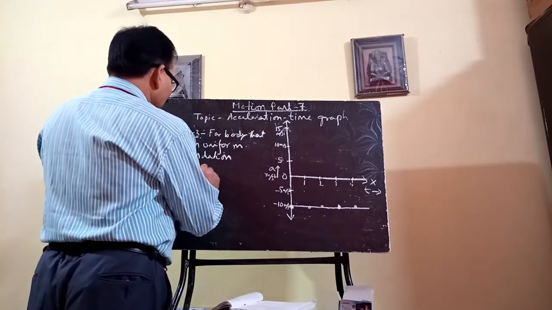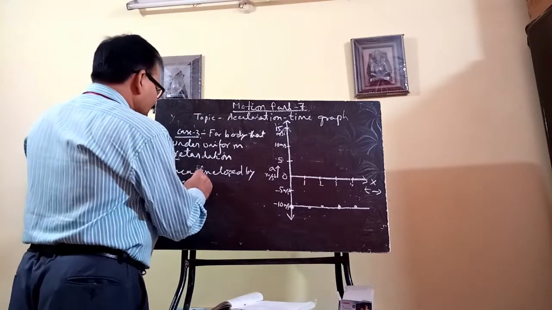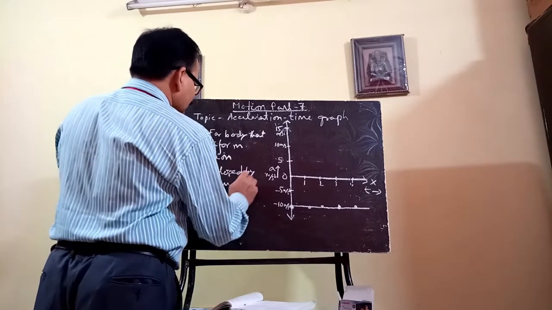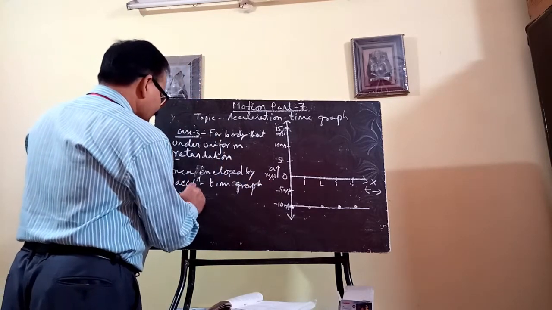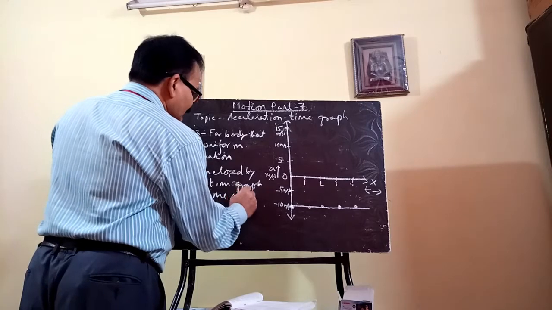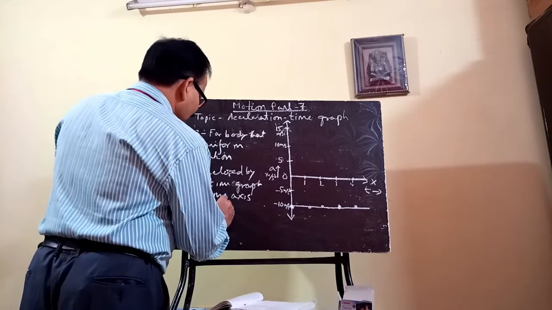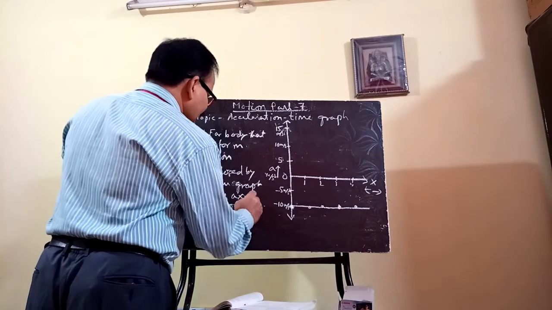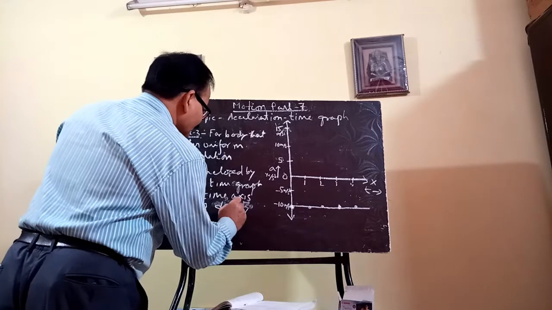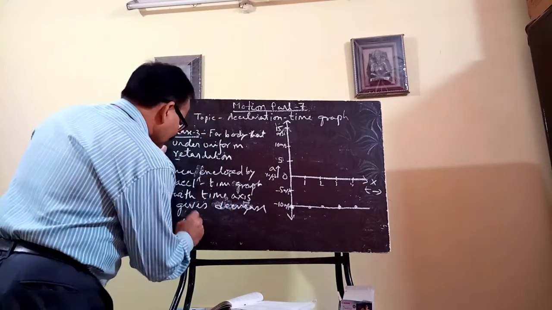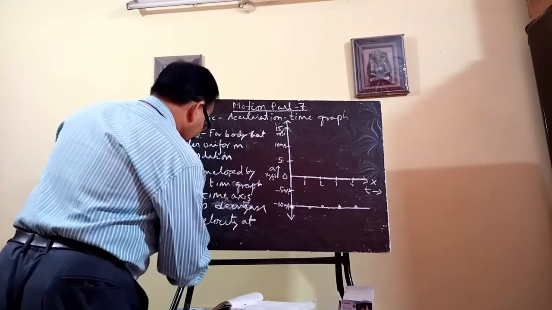Area enclosed by the acceleration time graph with time axis gives the decrease in velocity at a constant rate.